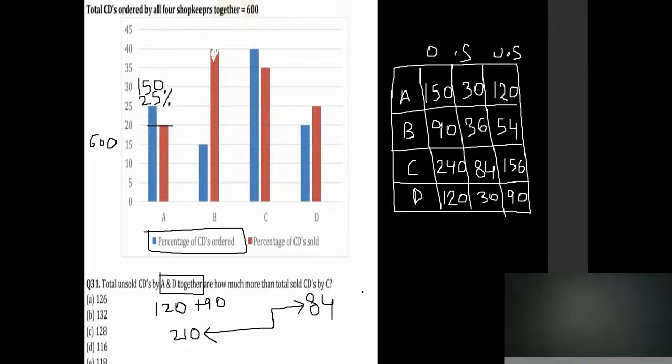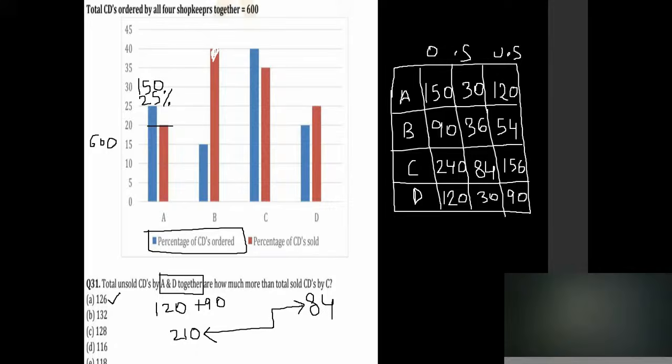What is the answer? We have 5 options. Yes, 126. So 126 is the final answer. 210 is 126 more than 84.